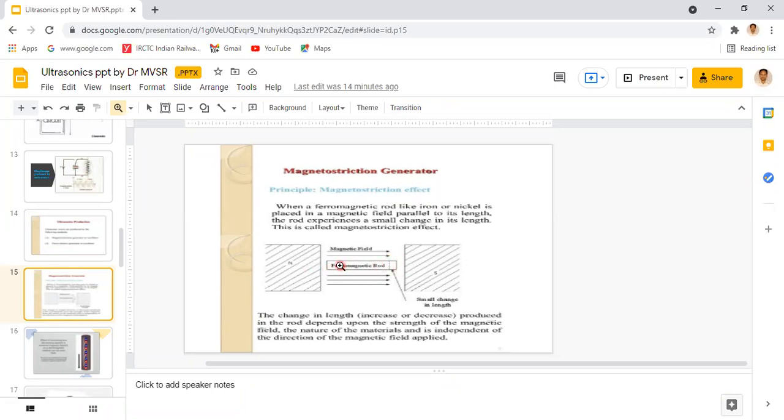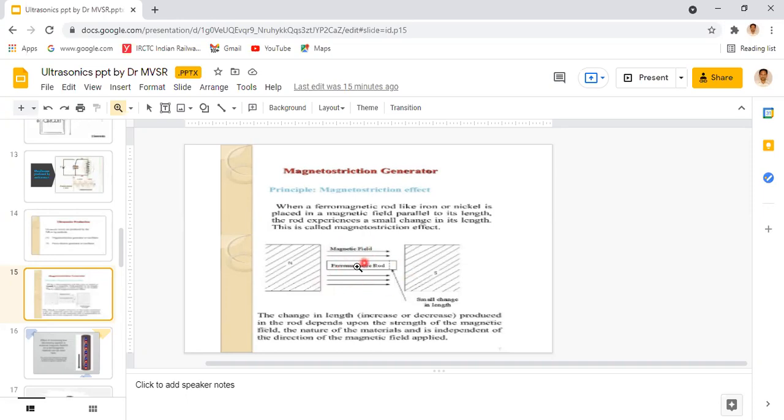That is because, according to domain theory, whenever a magnetic field is applied to a ferromagnetic material, the domains existing in the material change. If the field is parallel to the direction of the domain, the size of the domain will increase.